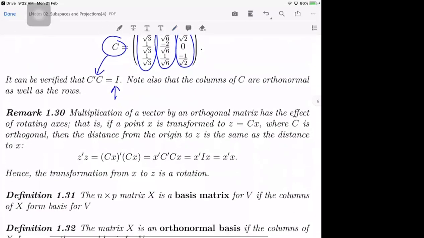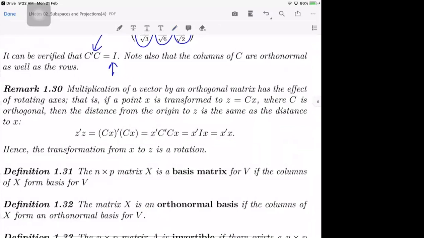As a remark, multiplication of a vector by an orthogonal matrix has the effect of rotating the axes.